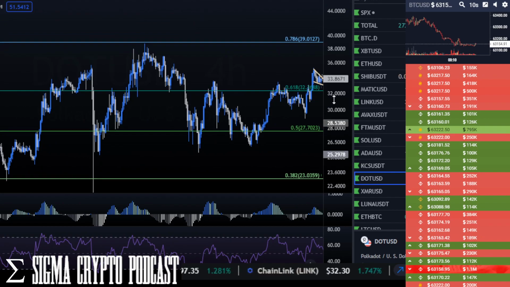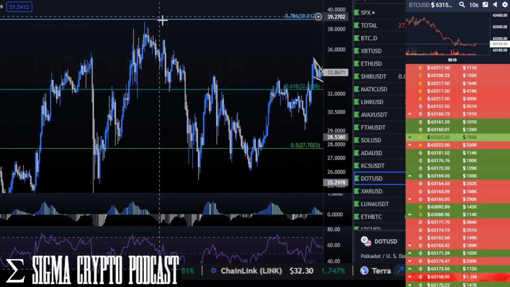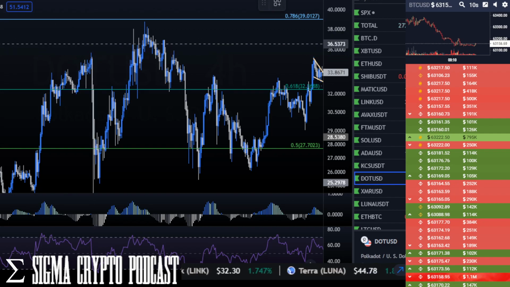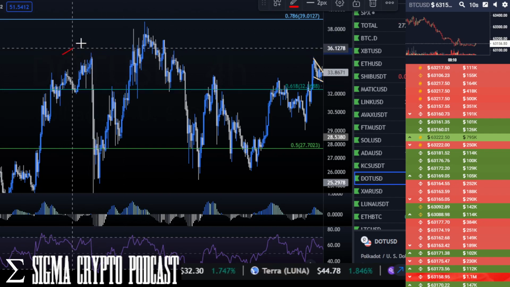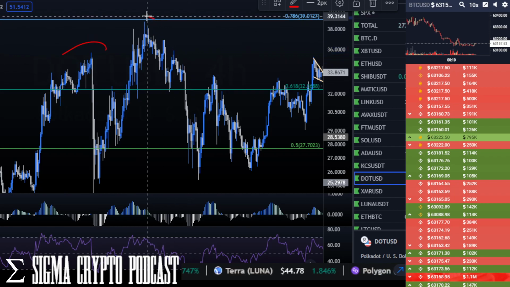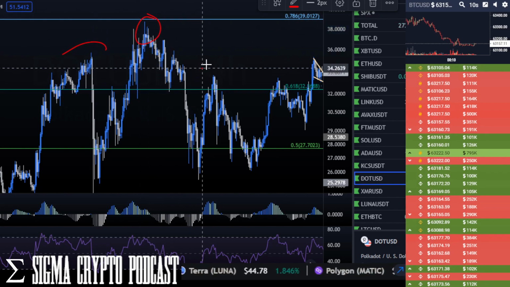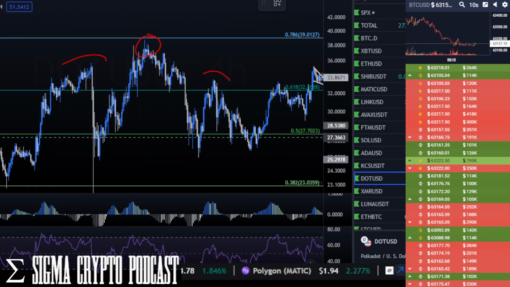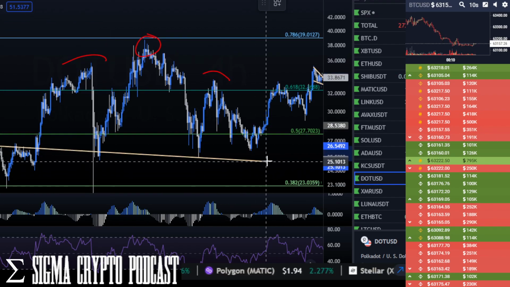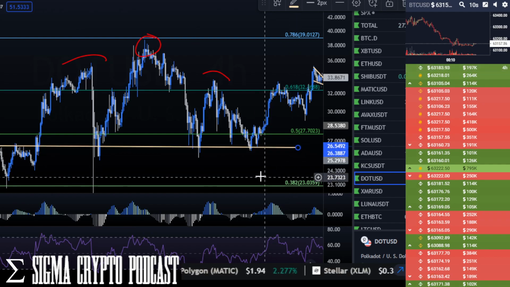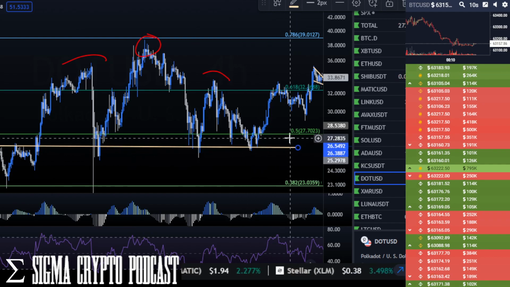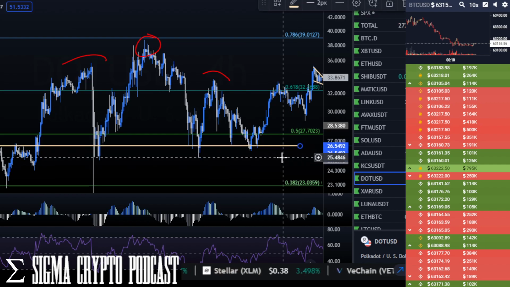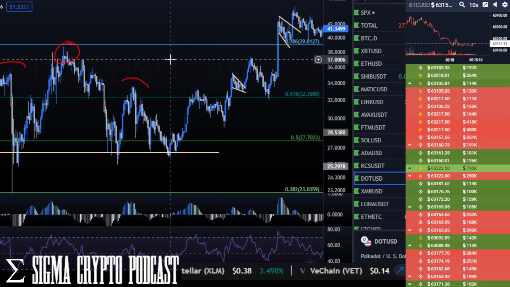Again, this is a pattern you can see with the naked eye without drawing anything. Once you learn how to identify a head and shoulders, you can just read this like it's a language, right? So you have the left shoulder there. Here's the head, and here's the right shoulder. What happened? The bears tried to push it below the neckline, and it wasn't happening. It failed. So failed head and shoulders have a much higher probability of continuing to the upside.